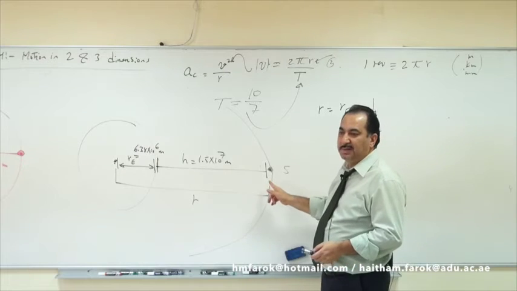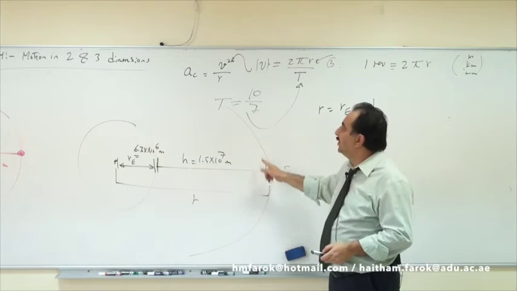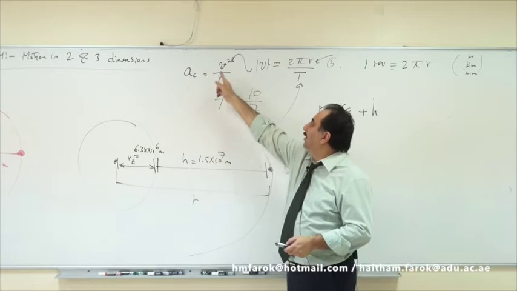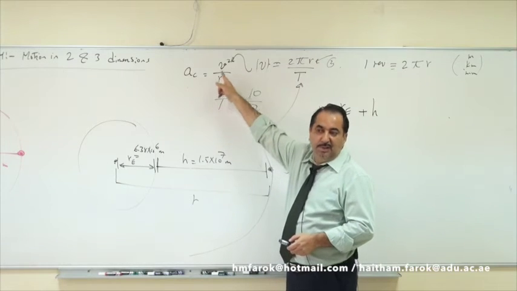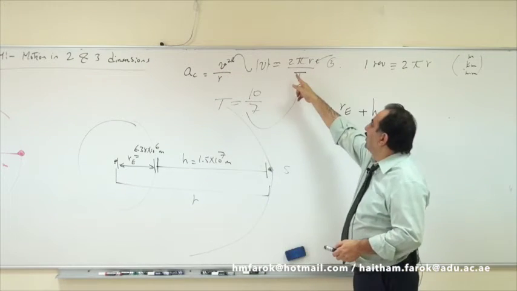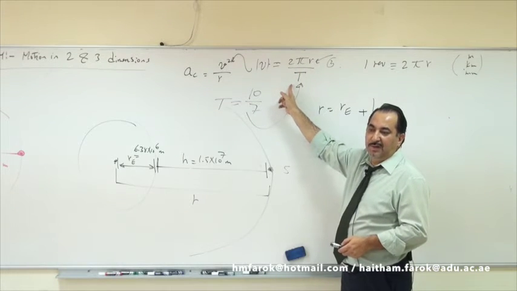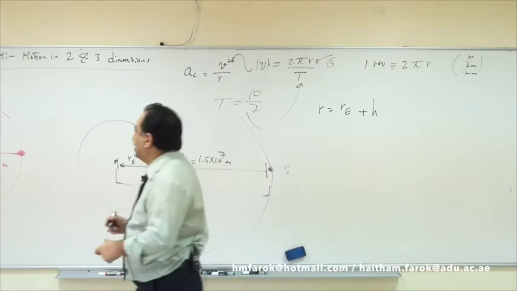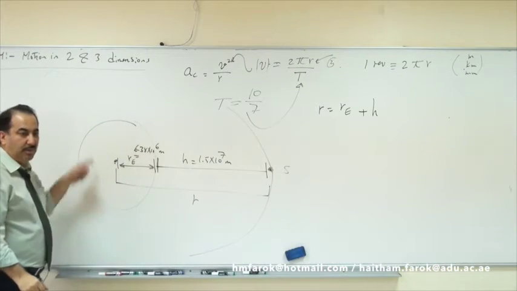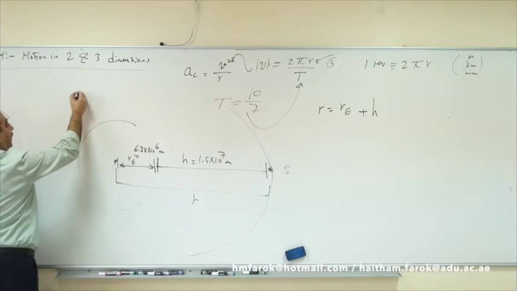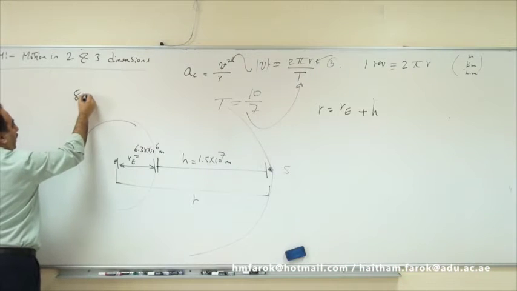Now, I think the rest you can do. What do you want? Acceleration of the satellite, yeah? A_C. Do you know the radius? Yes. Do you know the speed? Go and calculate the speed. Do you know the radius? Yes. And the period given? It's given in the question. It says it makes one cycle each what? 8 point?